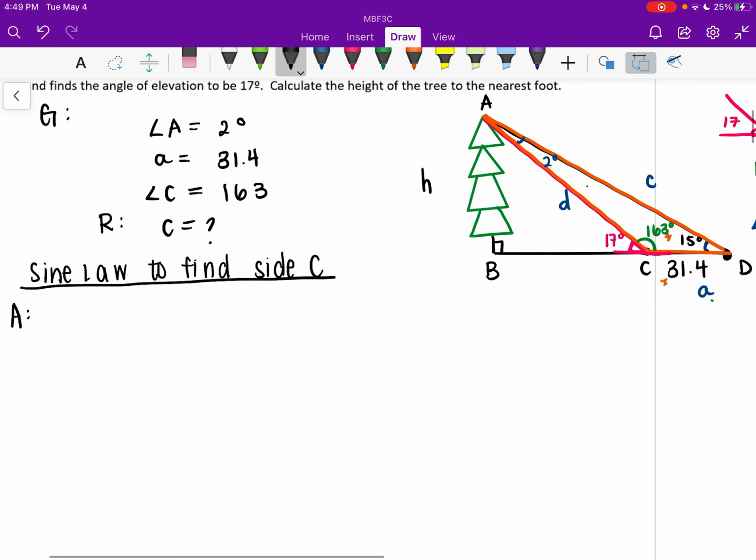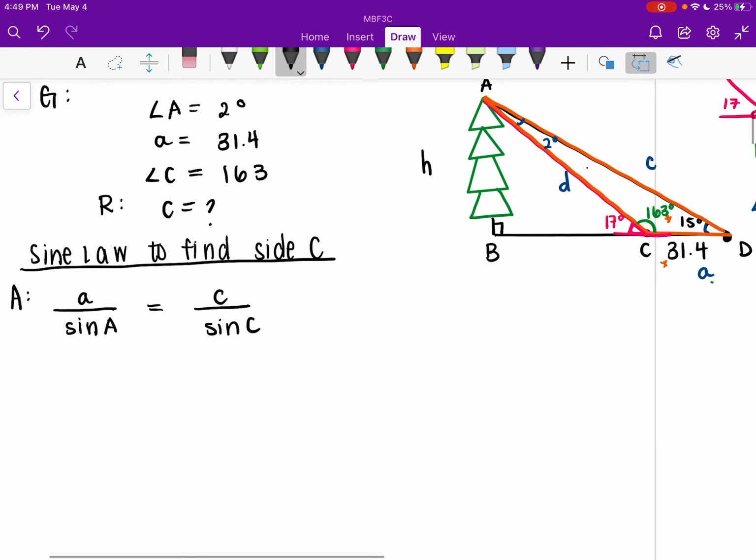Sine law is A over sine A is equal to C over sine C, and you can look off your sheet to find this. So let's put in the values that I know. I know A is equal to 31.4. Sine of angle A, which is 2, is equal to C, which I don't know, over sine of angle C, which is 163.